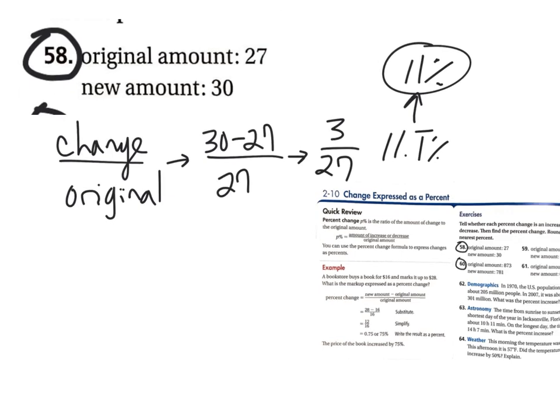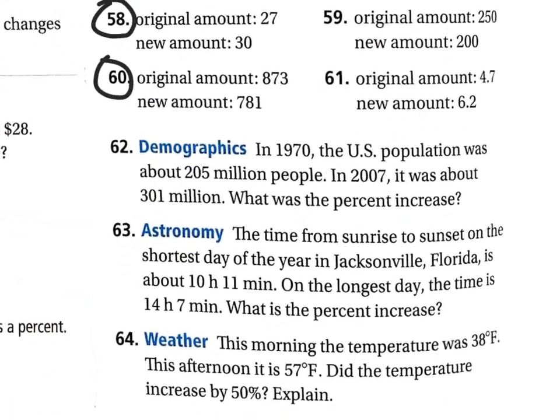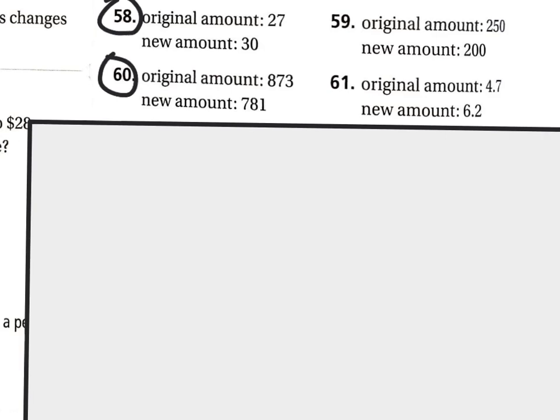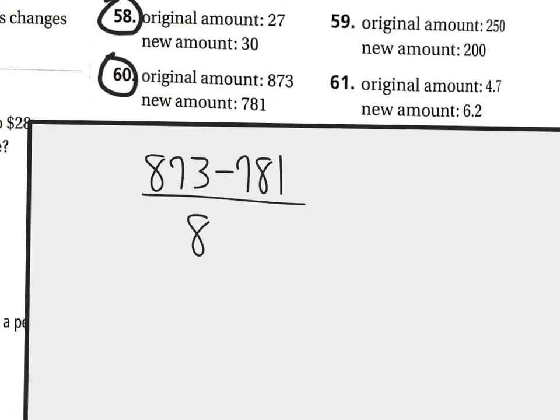If we look at number 60, another percent change problem. So the original amount was 873, the new amount was 781. So we find the change by subtracting those. Divided by the original was 873.